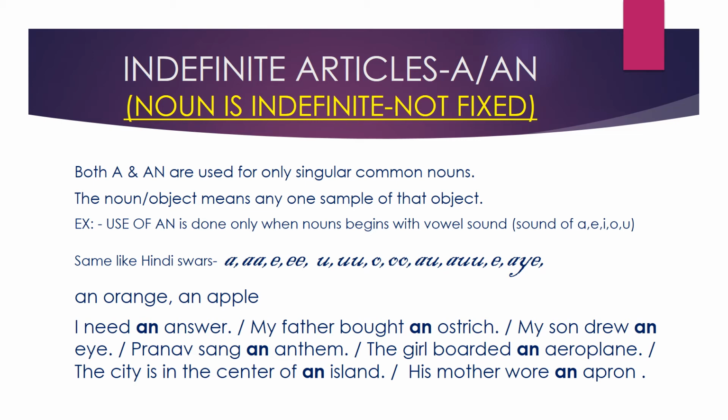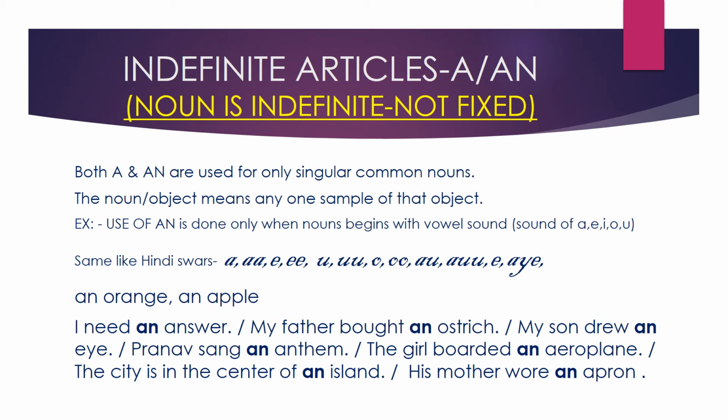To understand more simply, you can think like this. If I have to say orange, it begins with the sound O. I cannot say I bought a orange. Isn't it difficult to say? Just speak with me once. Repeat after whatever I say. I bought a orange. I found a apple.